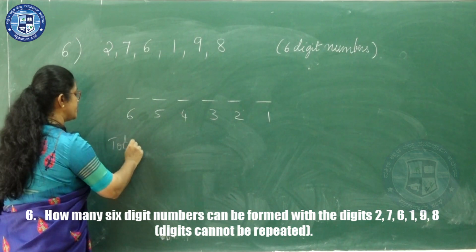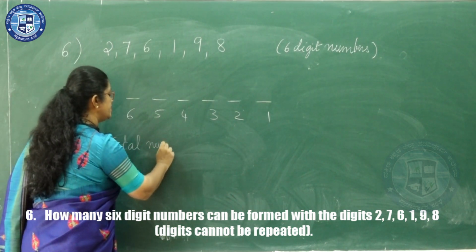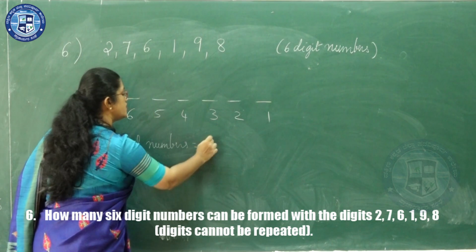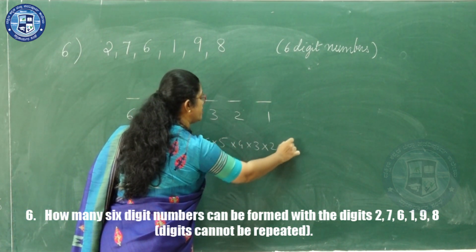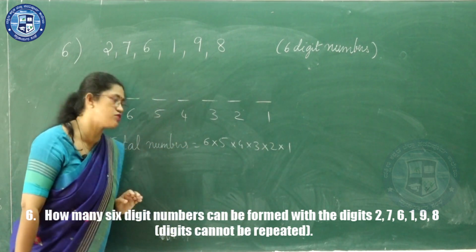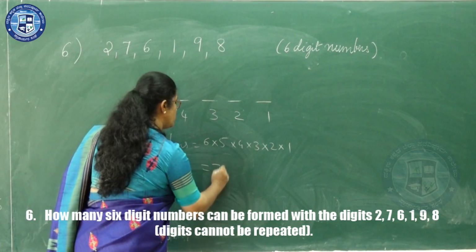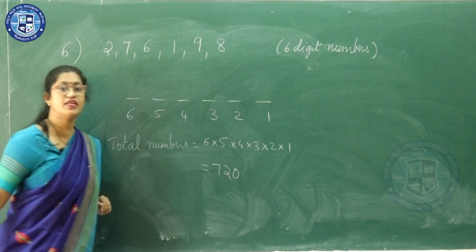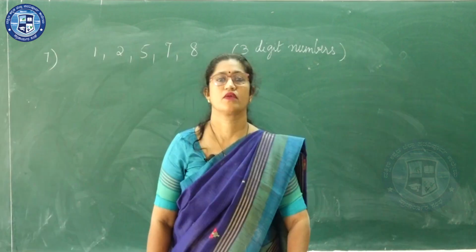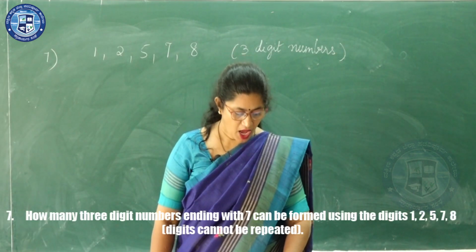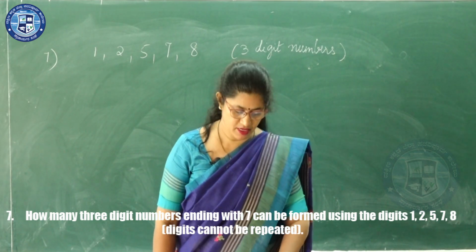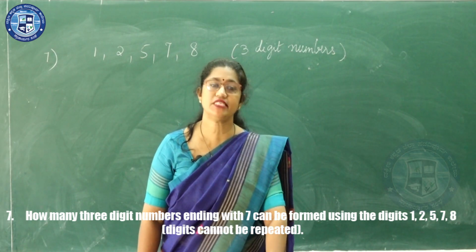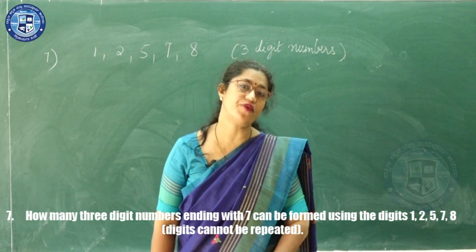Therefore the total numbers is 6 into 5 into 4 into 3 into 2 into 1. You would have directly done it as 6P6 also, which is 6 factorial, which is equal to 720.